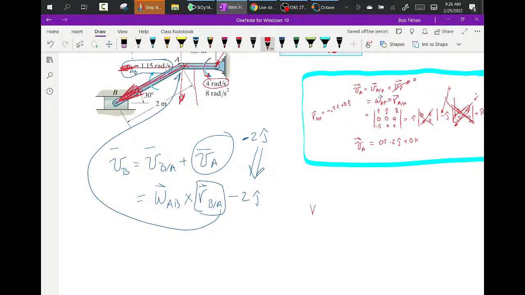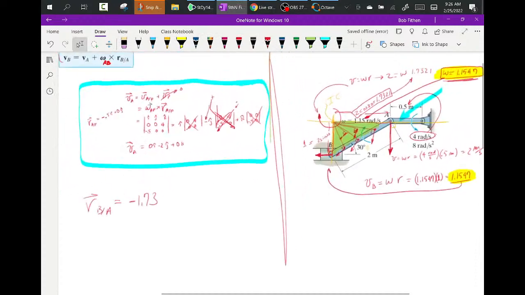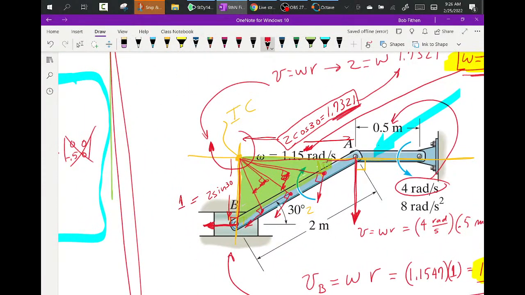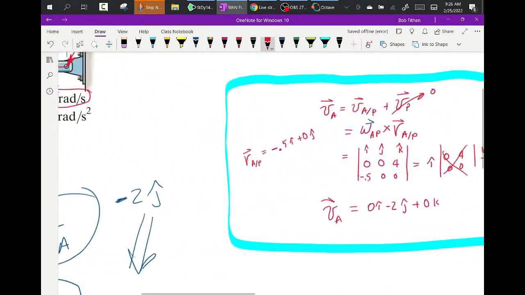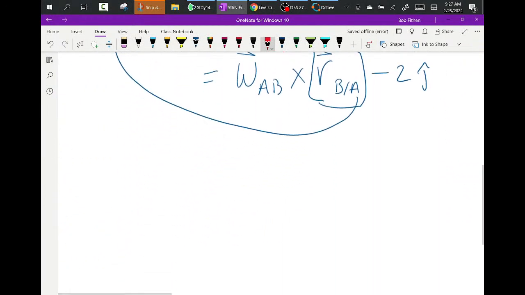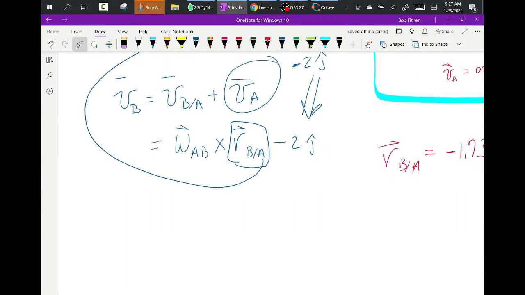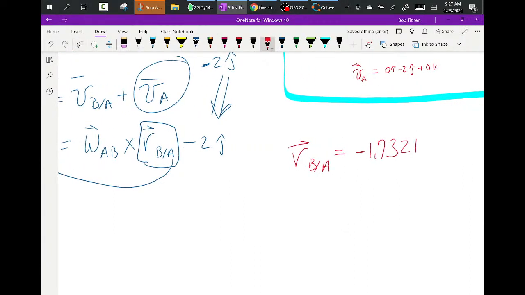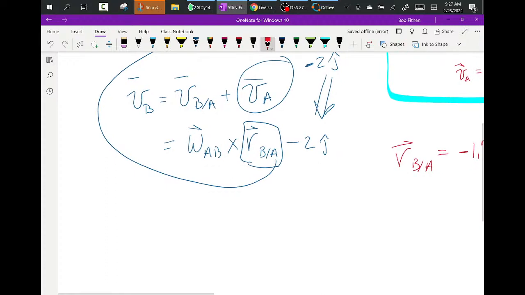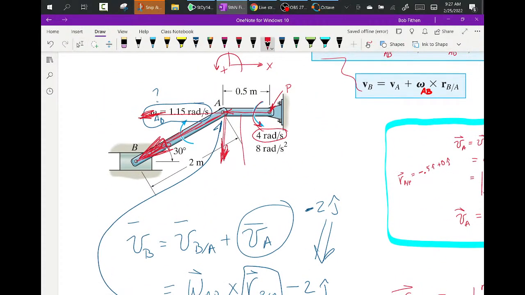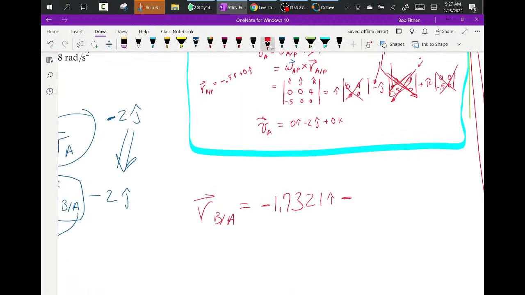Taking a side issue here, R_BA is equal to minus 1.732 I, 1 right here, and then it goes down. This distance here is 1, 1J.